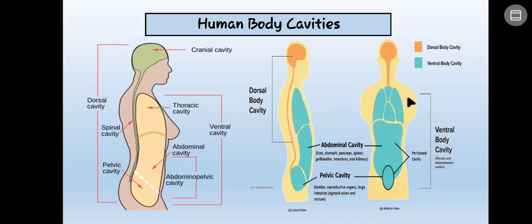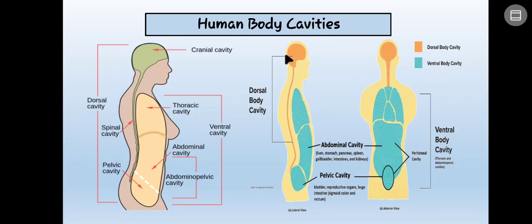Ventral means anterior, in front, like we said previously. The ventral body cavity consists of the thoracic cavity and then the abdominopelvic cavity, which is made up of the abdominal cavity and then the pelvic cavity.